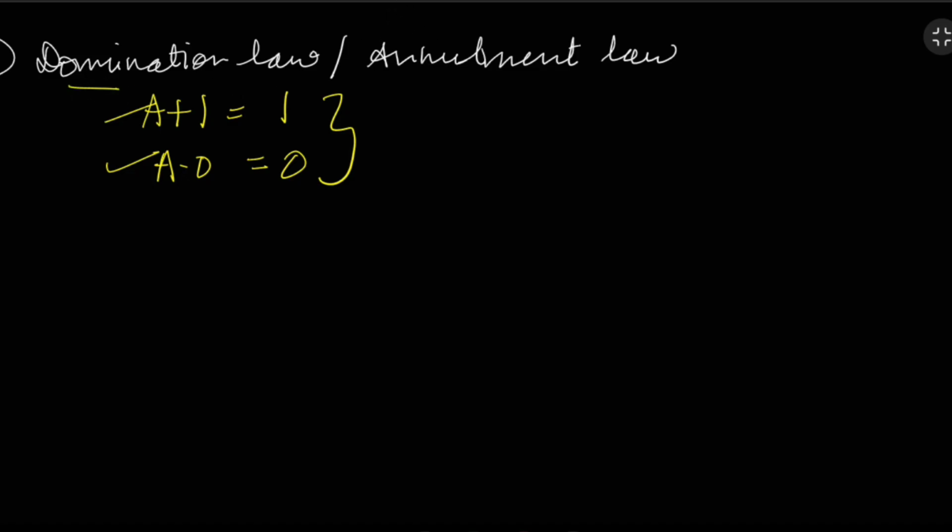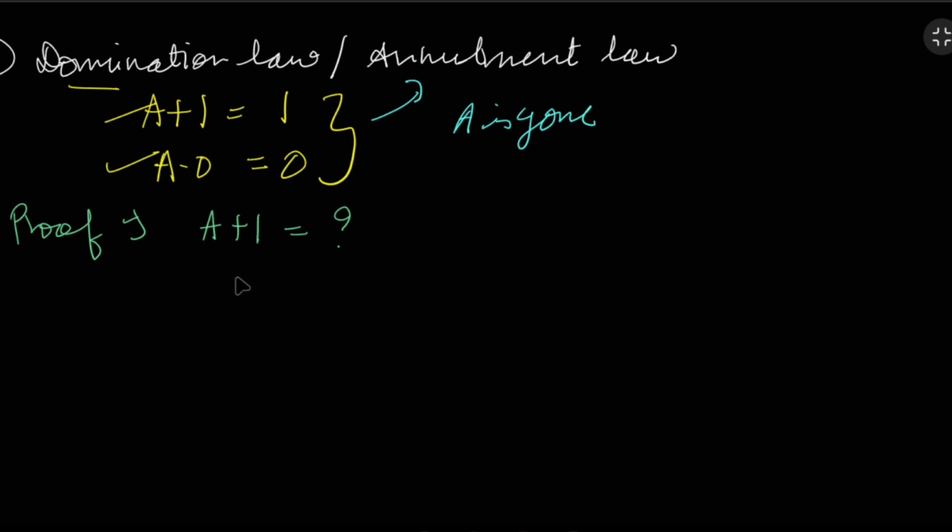And why is it called the annulment law? Because this A is gone. Now how to prove them? The method to prove them is this: A plus 1 equals, so what will dominate?